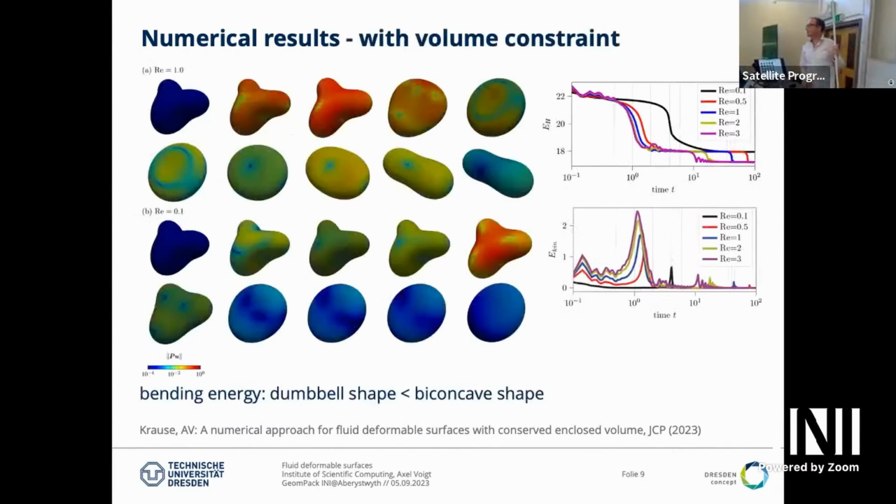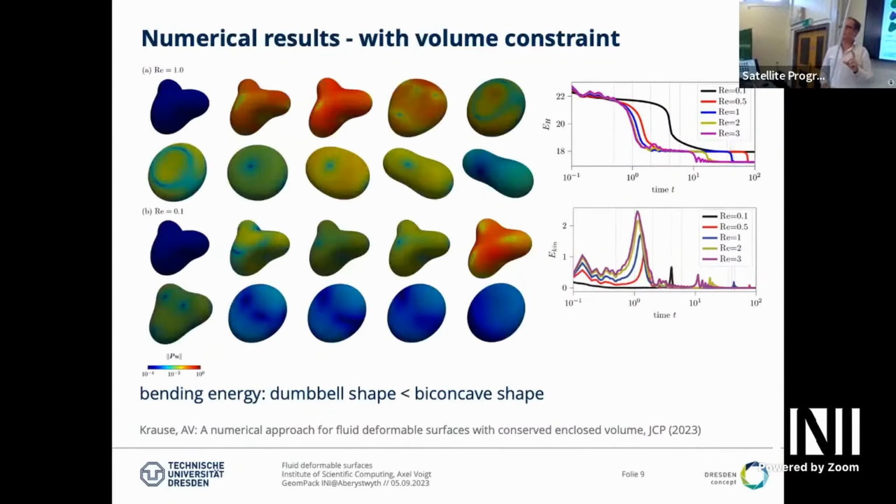Can you just illustrate? So you're saying these shapes are stabilized by the existence of the flow? No, what I'm saying is it's converging to a state, and this state has zero tangential velocity and is equivalent to the equilibrium state for the Helfrich energy related to this reduced volume, the relation between volume and area.